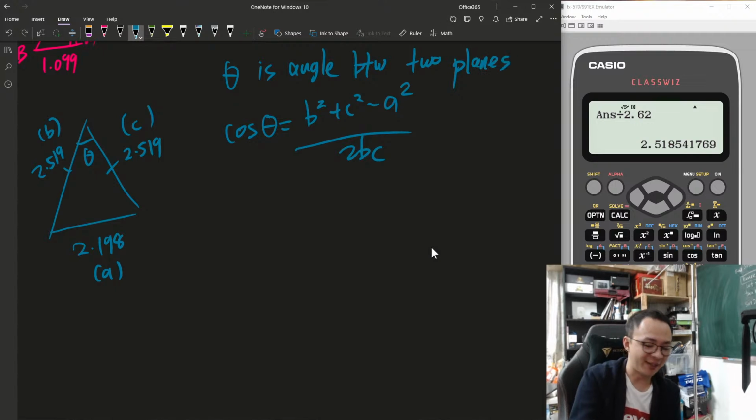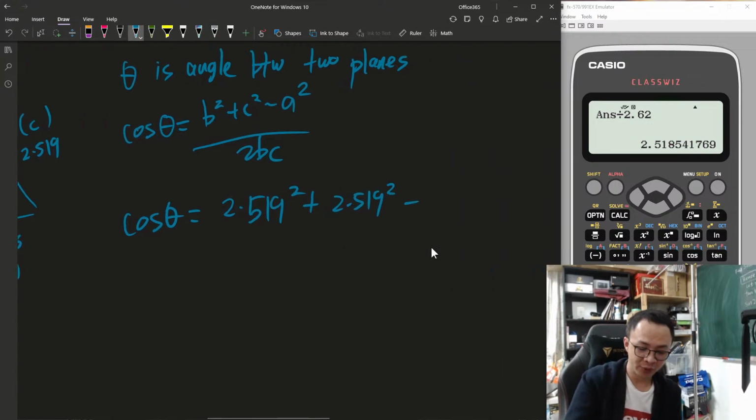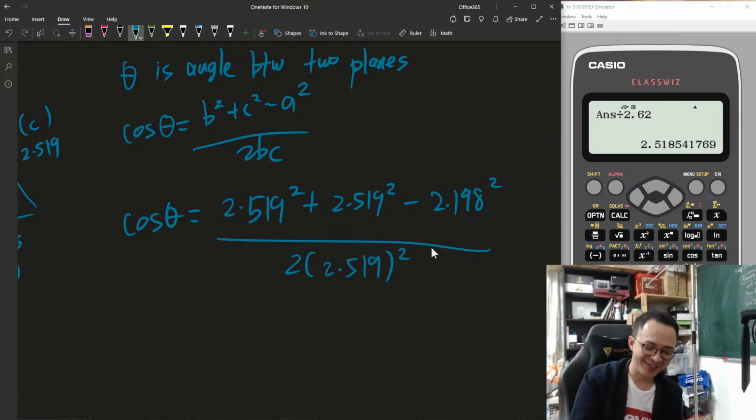Yeah, you can label the plane name. In the exam, just label yourself. So B and C is 2.519 squared plus 2.519 squared minus 2.198 squared over 2 times 2.519 squared. I don't like so many decimals.